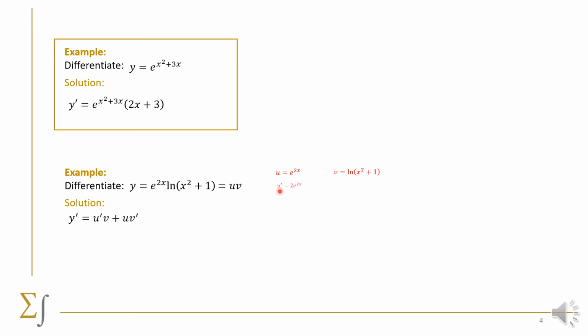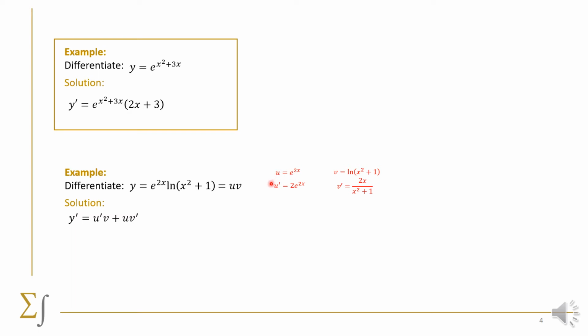Now, what's u prime? It's e power 2x multiplied by the derivative of the exponent, which is 2. And then what's v prime? V prime is the derivative of a logarithmic function. It will be 1 over inside multiplied by the derivative of inside. What's the derivative of inside? It's 2x. So we will have v prime equal to 2x over x squared plus 1.